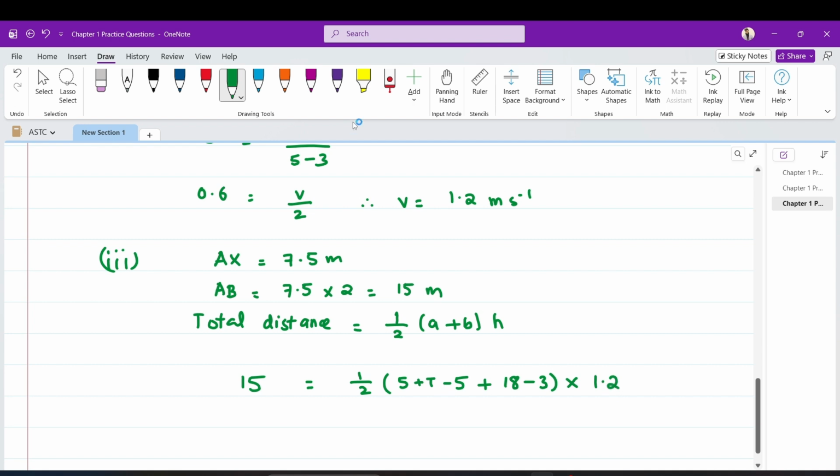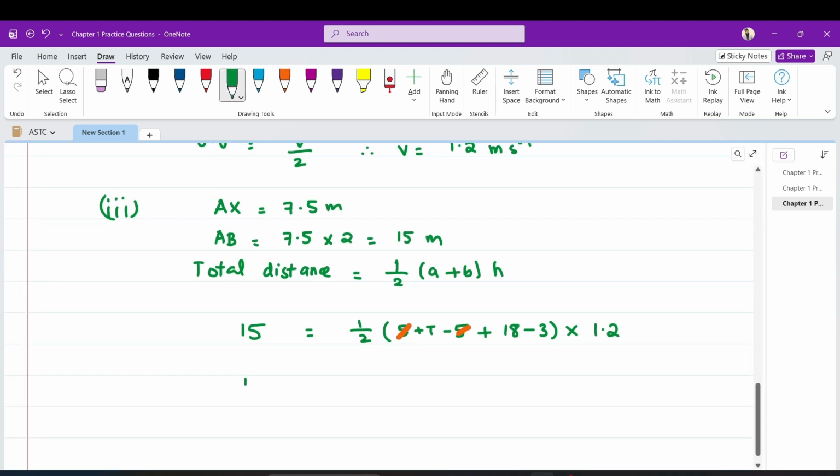So now we know everything. The only thing that needs to be found is t. So this 5 cancels with this 5, and we can also multiply this 2 on the other side, so now I have 30 equals t plus 15 multiplied by 1.2.